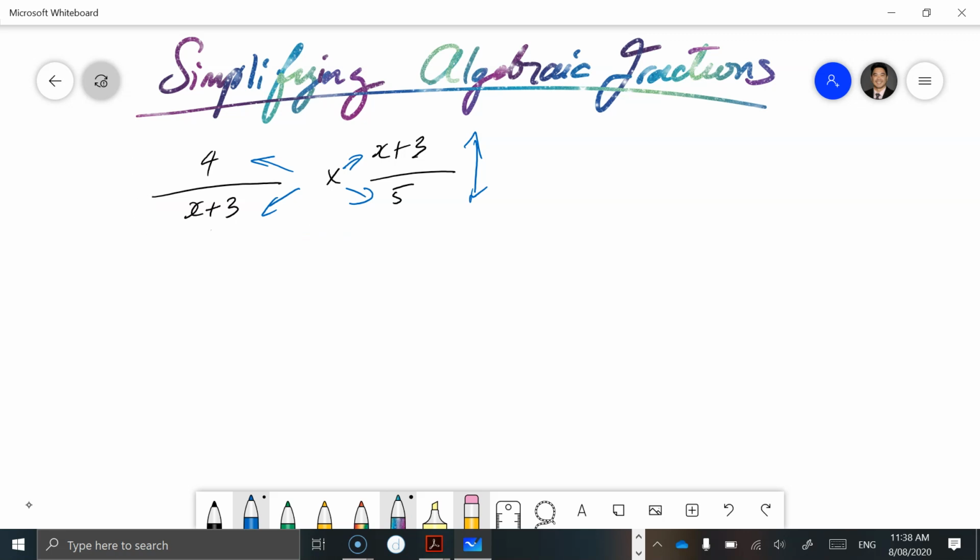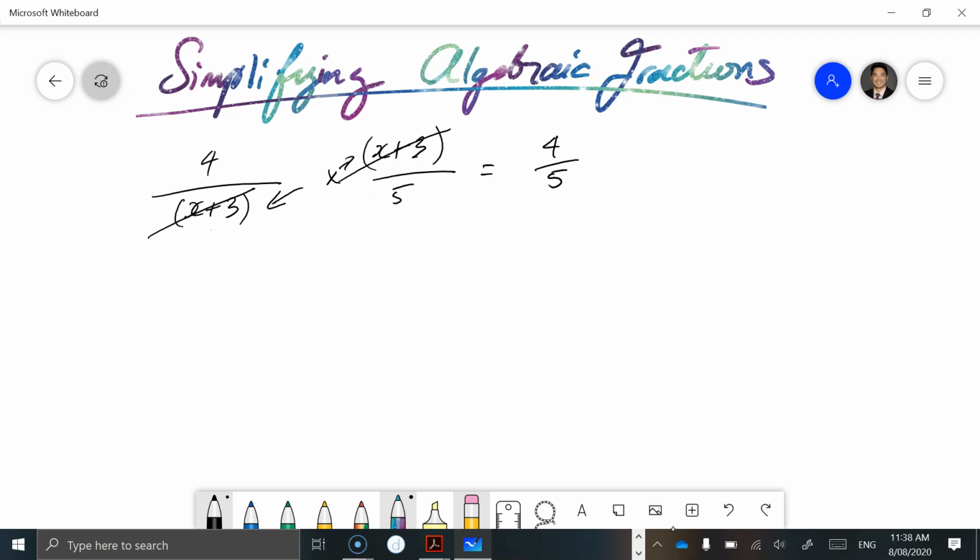So here we have two fractions multiplied by each other, and what we do have is x plus 3 and x plus 3 in common. Remember we can simplify diagonally, and therefore these are common factors. They can cancel out, leaving you with 4 on the top and 5 at the bottom.